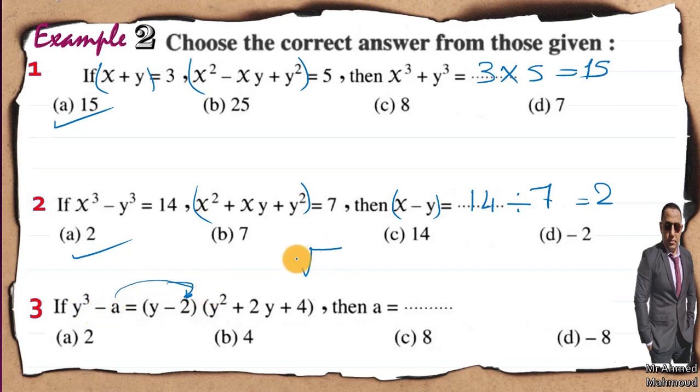So cubic root of a equals 2. I'm going to take power 3 on both sides to cancel this cubic root. So a equals 2 power of 3, which is 8.